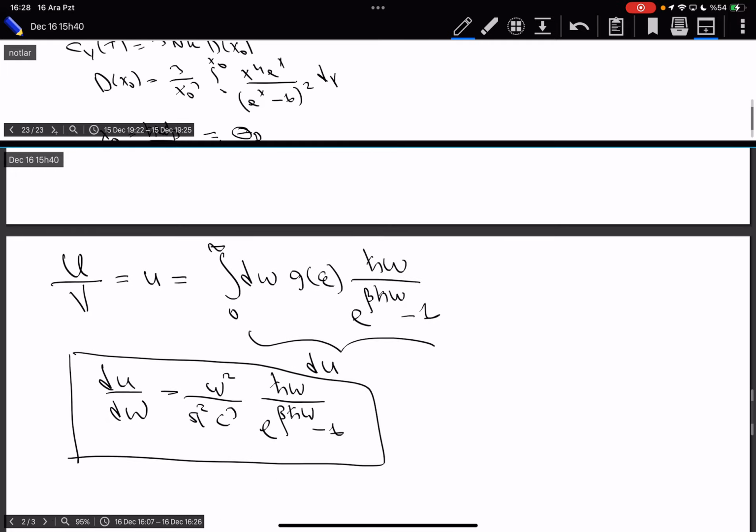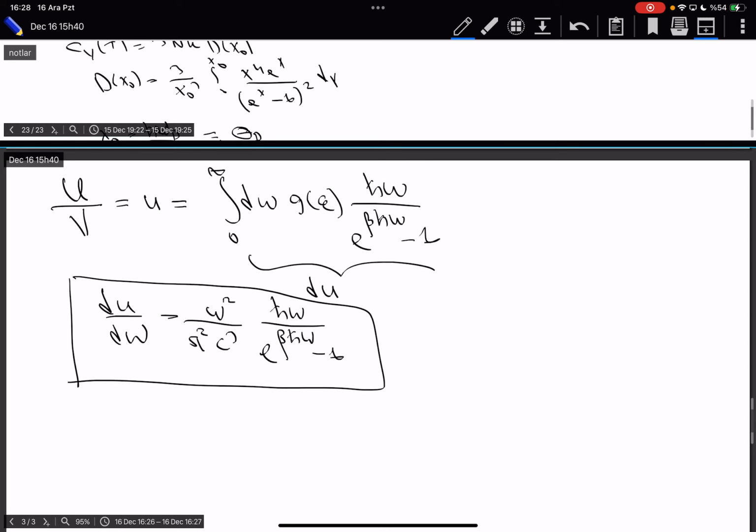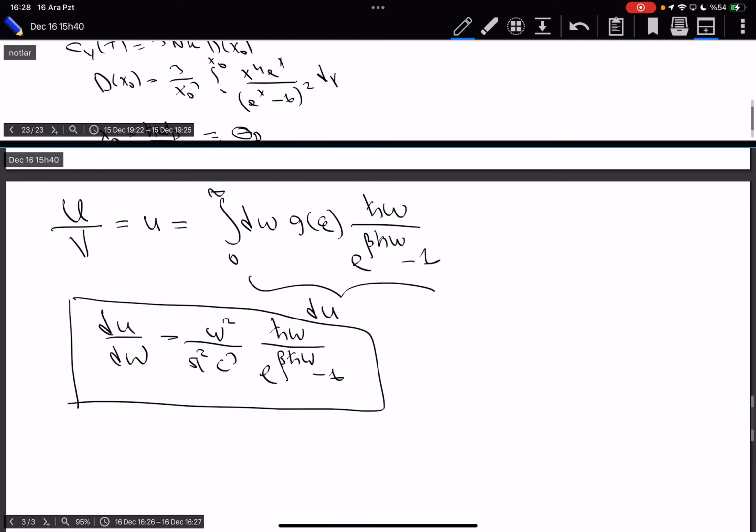Now the question is, what is that integral? That integral can be evaluated. U is equal to the integral from 0 to infinity of d omega, omega squared divided by pi squared c cubed, h bar omega divided by e to the power beta h bar omega minus 1.